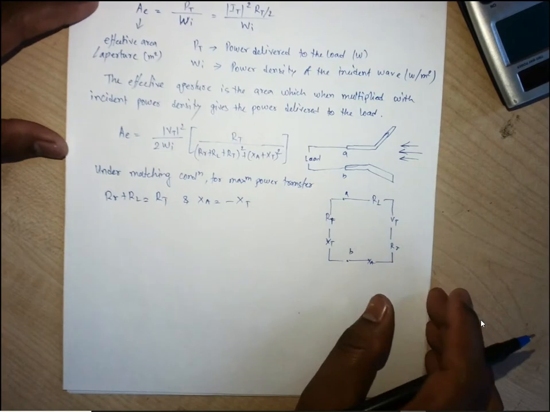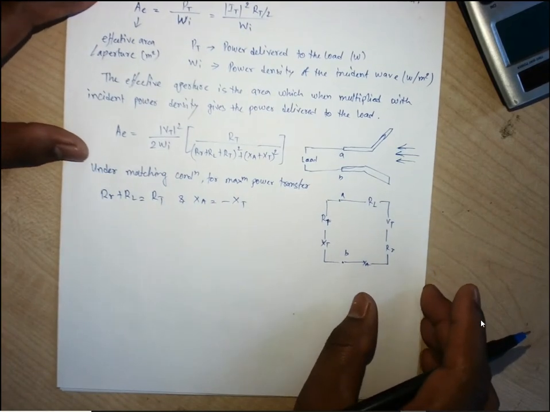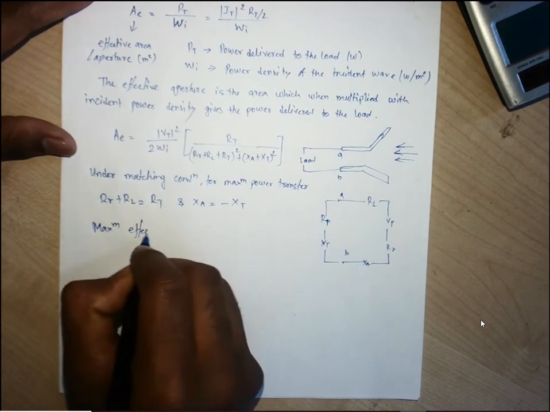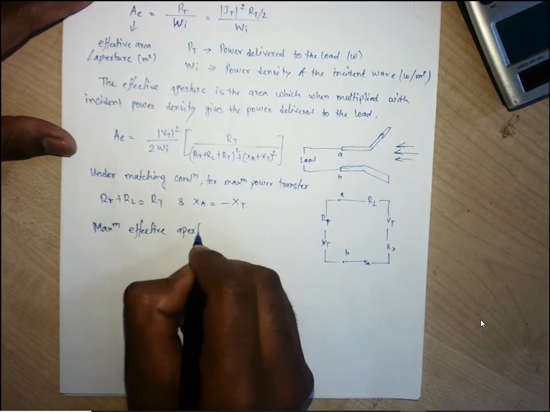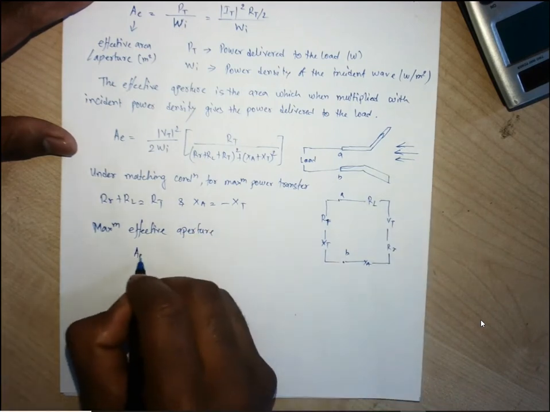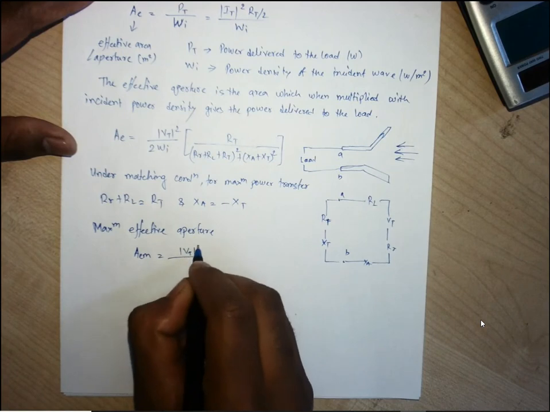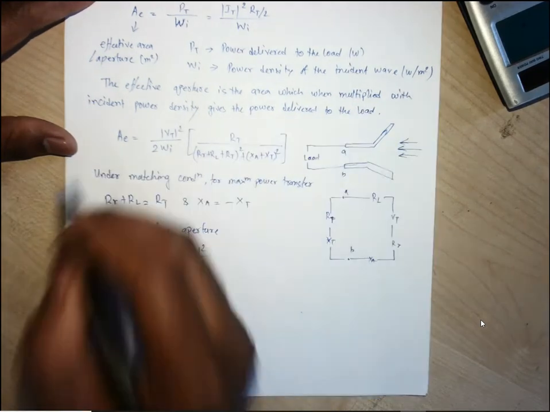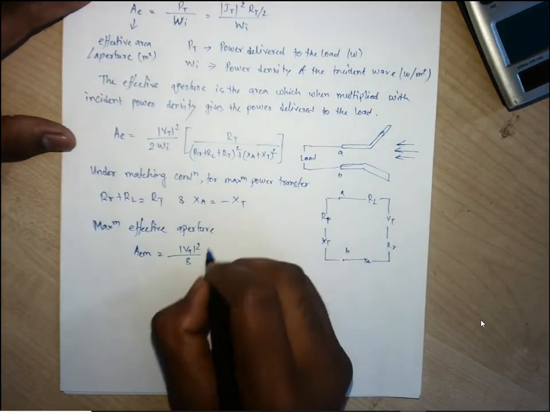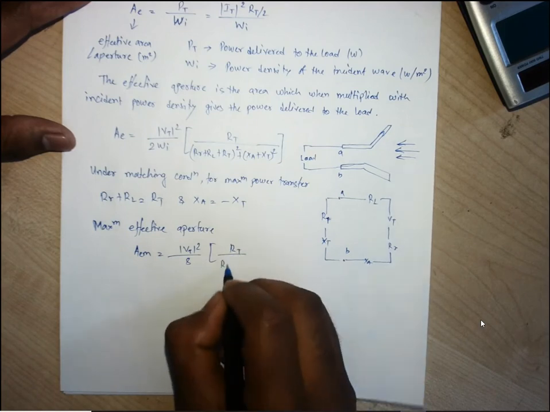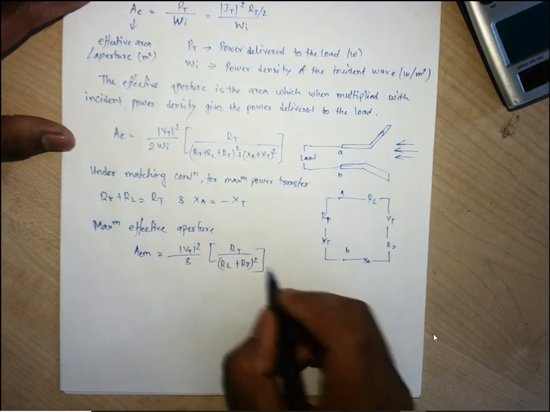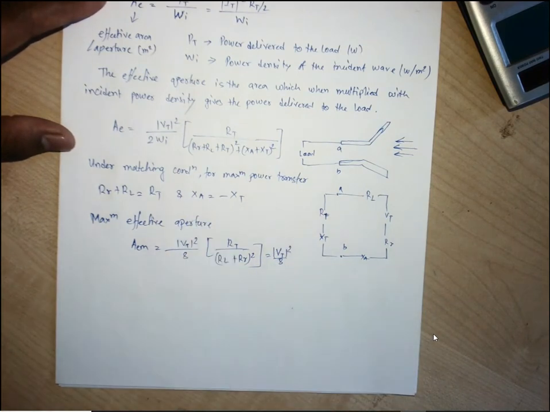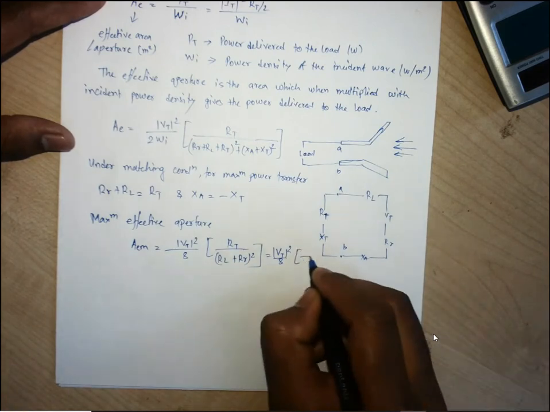So this effective aperture, or we can say the maximum effective aperture AEM, is VT square by 8. The 2 will become 4, so it will be 8, RT by RL plus RR whole square. So this one can be written as VT square by 8. It is the same thing we have considered for the impedance.